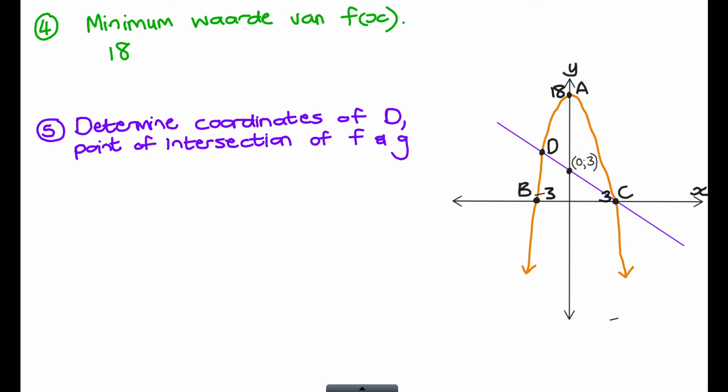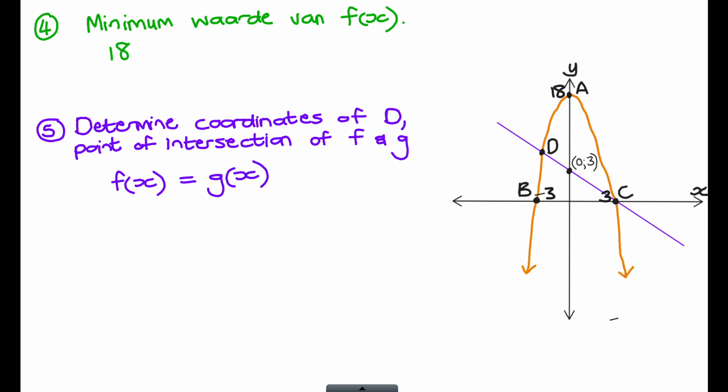Nou, onthou, daar waar daai twee grafieke mekaar sny, op daai spesifieke plek is hulle mos presies gelyk aan mekaar. So wat ek dan gaan doen, is ek gaan hierdie twee vergelykings gelykstel aan mekaar. So ek gaan nou eintlik sê, f(x) is gelyk aan g(x).